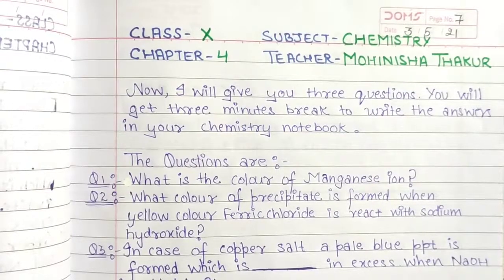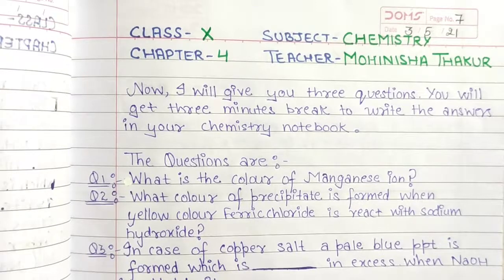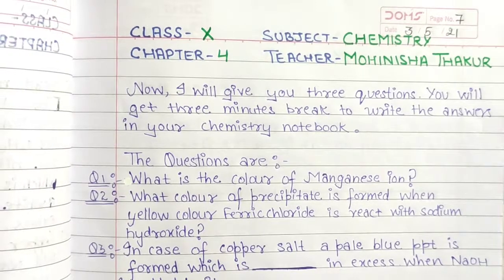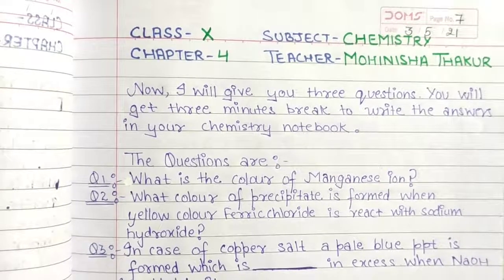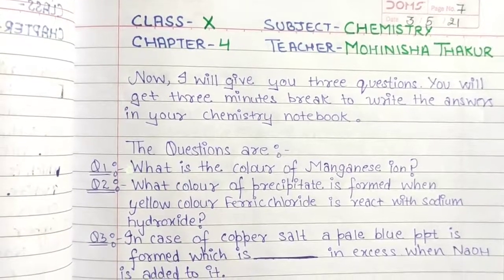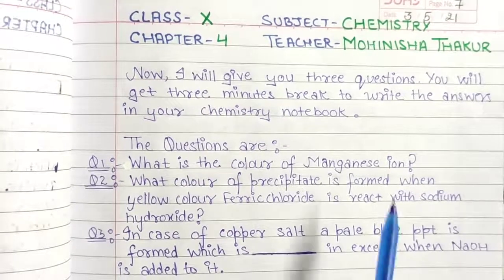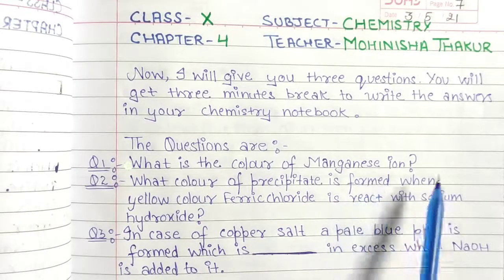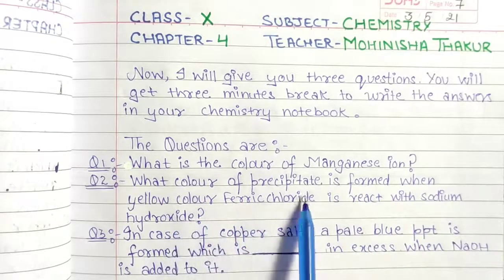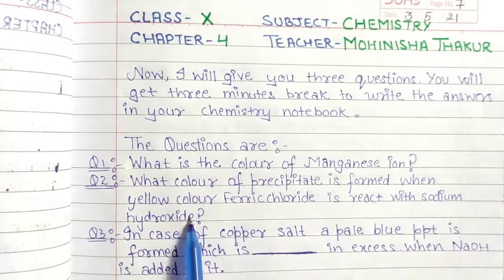Now I will give you 3 questions. You will get 3 minutes to write the answers in your chemistry notebook. The questions are: question number 1, what is the color of manganese ion? Question number 2, what color of precipitate is formed when yellow colored ferric chloride reacts with sodium hydroxide?